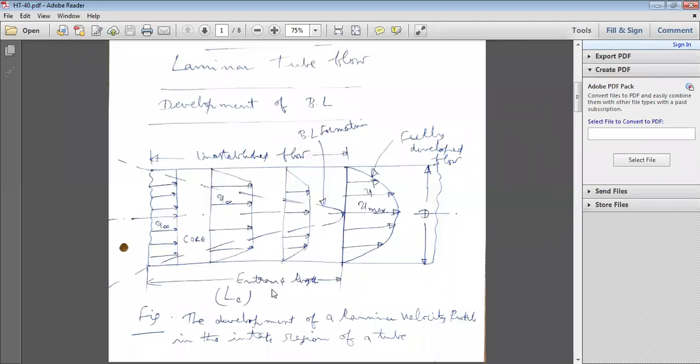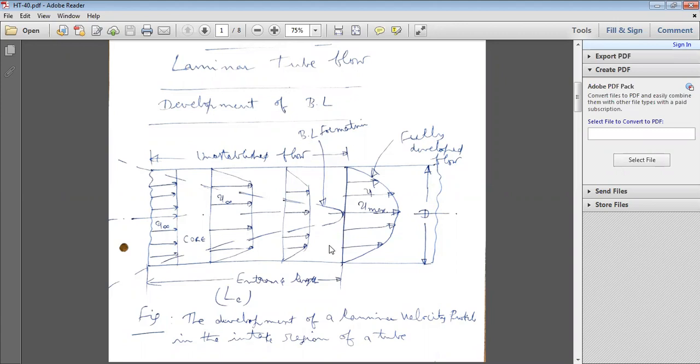So up to a certain entrance length the flow is not established, and at that stage the boundary layer forms. That is known as the development of a laminar velocity profile in the intake region of a tube.